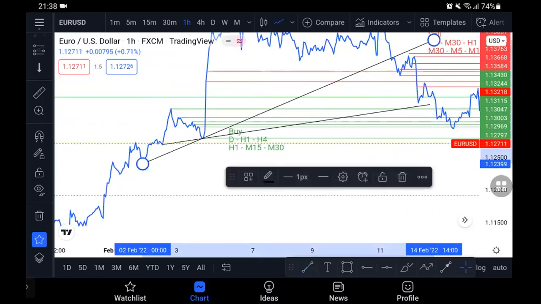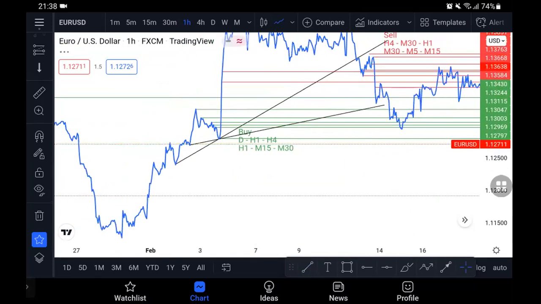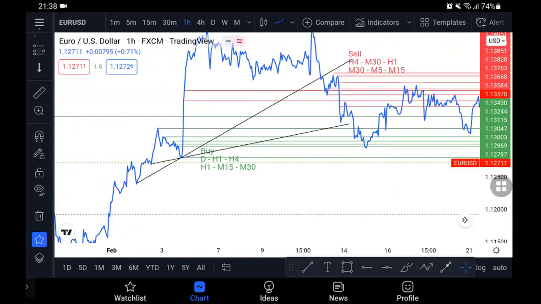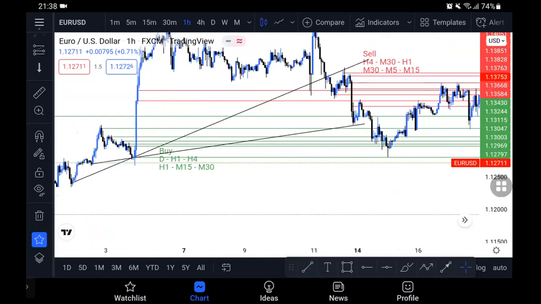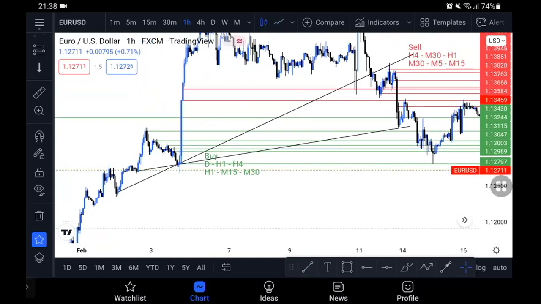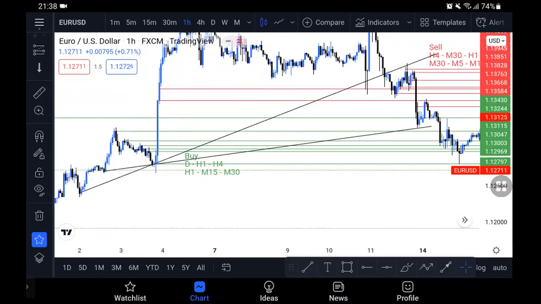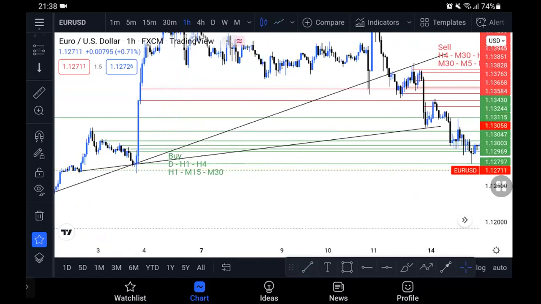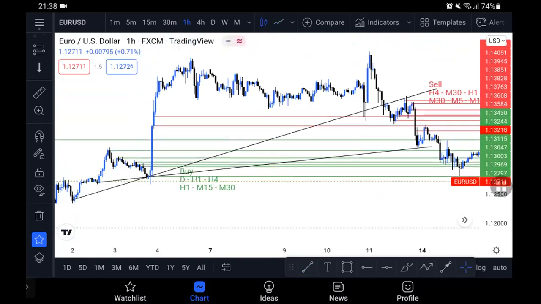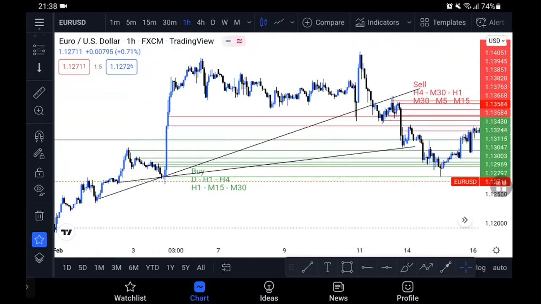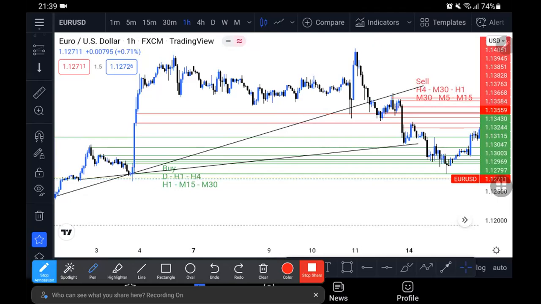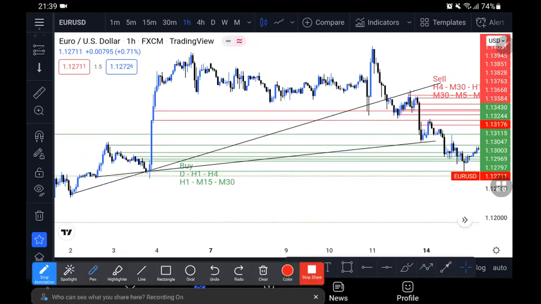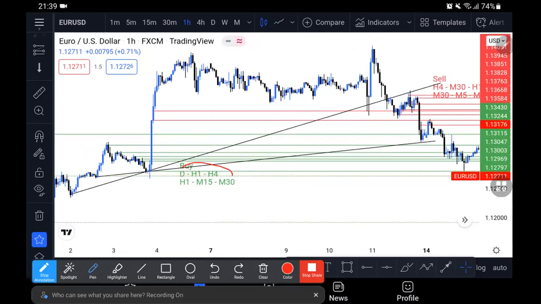So what is the market giving as info? I can see over here, this is our price setup.